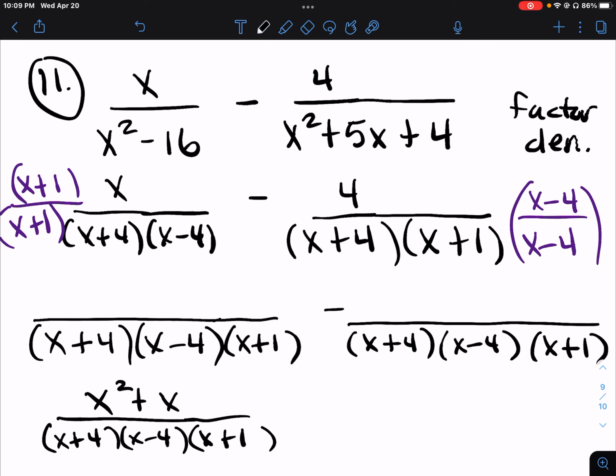Now on the right, look at that minus in front of the 4. You've got to distribute that. So negative 4 times x and negative 4 times negative 4, over our common denominator.